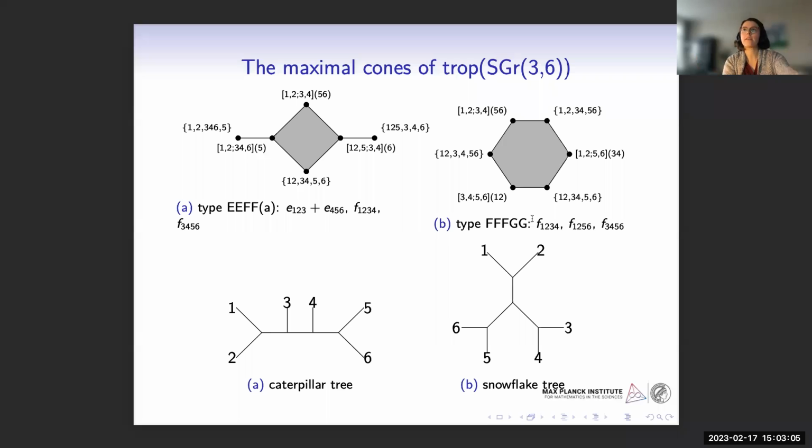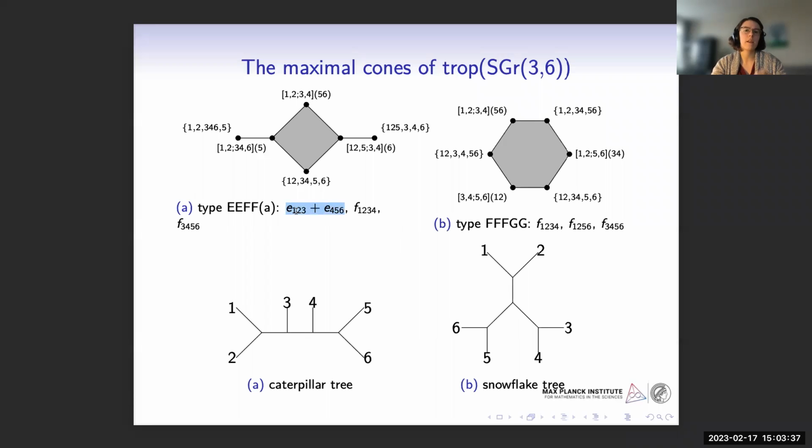Another nice fact that we've seen when we computed the tropical self-dual Grassmannian 3/6 is that the intersection with the tropical Grassmannian 3/6 goes like this for these maximal cones. So instead of these 4 different rays that spanned my 4-dimensional cone in the tropical Grassmannian, we now see 3 rays. Naturally, it's 1 dimension smaller. And one of the rays for this type is the sum of the 2 rays that we've seen before.